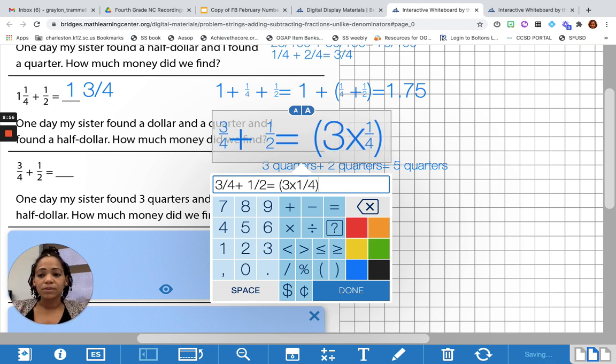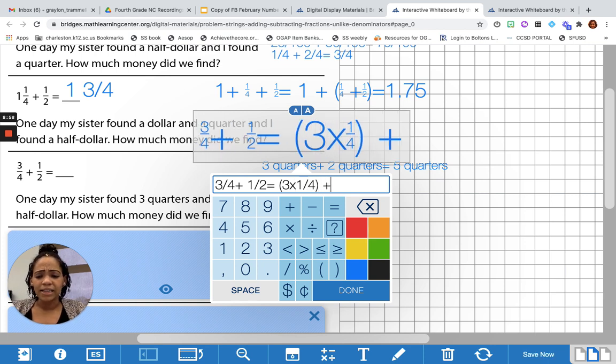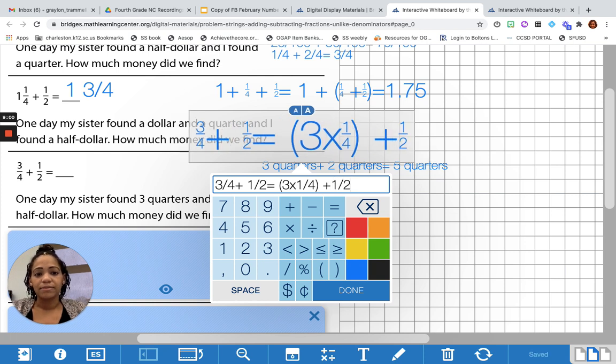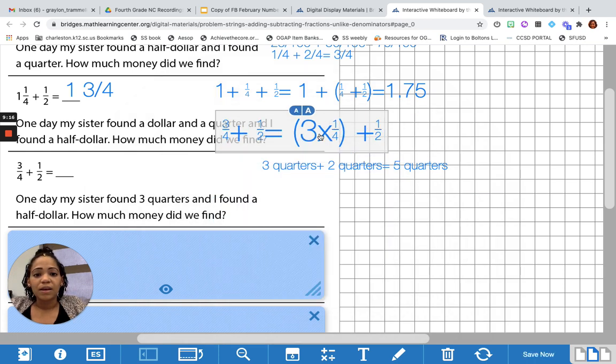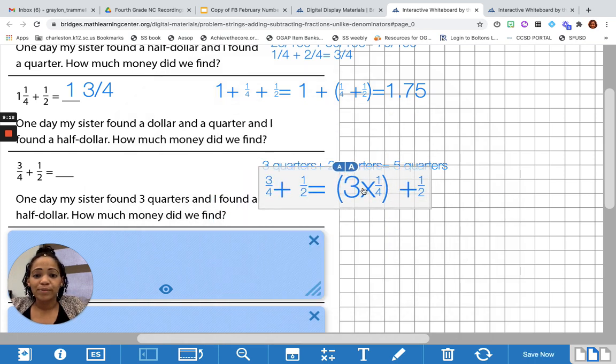That's 3/4. And then we still have to add it to 1/2. So I could do 1/4 plus 1/2. And no, I can't, because we got to think about order of operations.